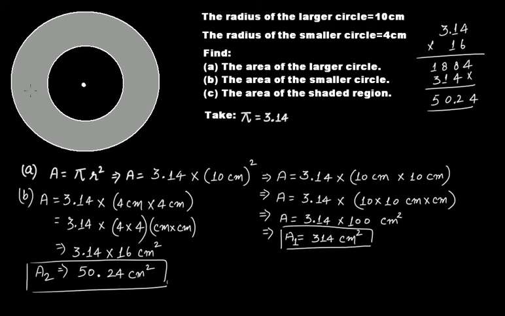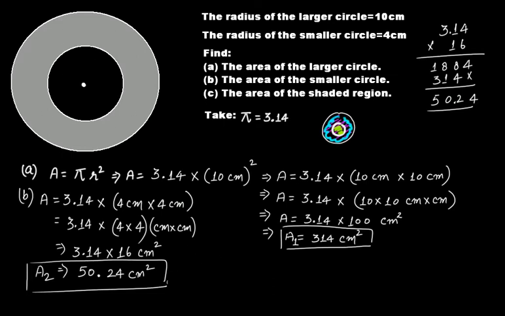Now since you have to find the area of this shaded region, if you subtract the area of the smaller circle from the area of the larger circle, you'll get this outer area. And that's what it's asking.